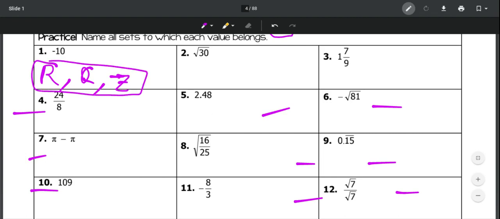Now, number 2 is the square root of 30. First and foremost, before we go anywhere else, it's a real number. I always want you to know that. If we put that in our calculator, we know it's going to be a decimal that will not turn into a fraction.